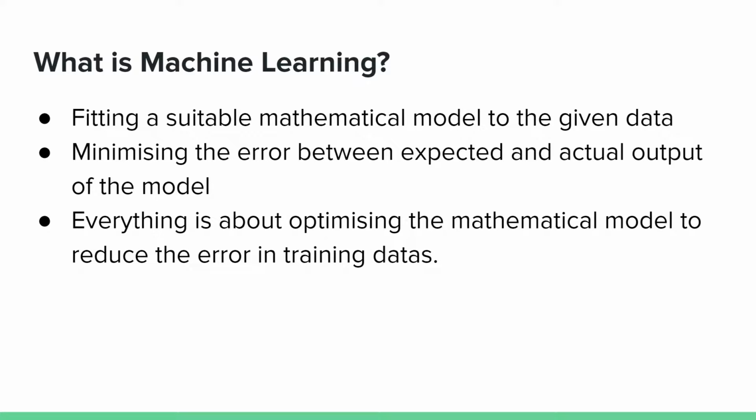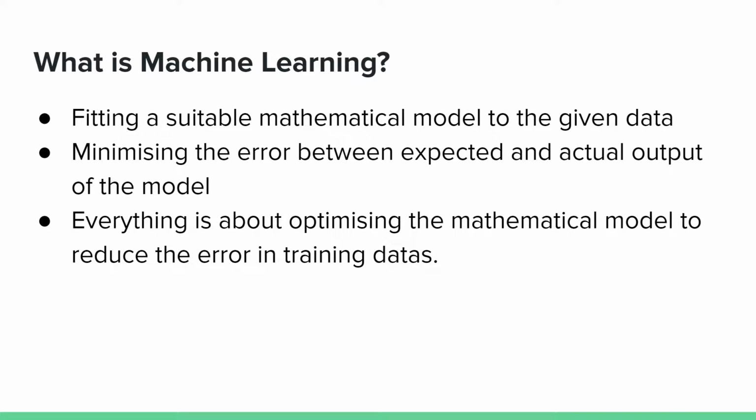So, what is machine learning? Fitting a suitable mathematical model to the given data, just like we discussed, and minimizing the error between the expected and actual output of the model. Like I said, we predict the output. The prediction might be wrong, might be correct, and the model might not be the most optimized one. So we need to minimize the error between the expected prediction and the actual output. We need test data for that.